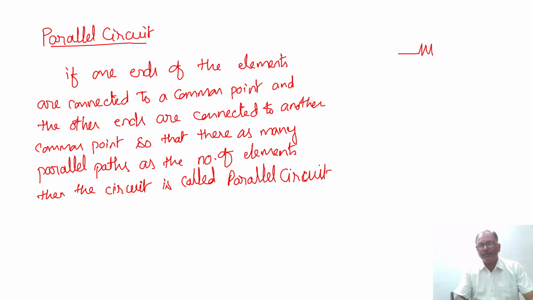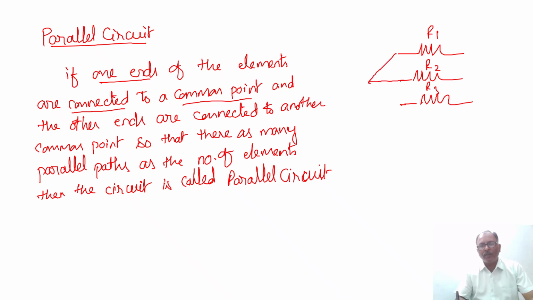Suppose I am taking three resistances. So as we discussed, one ends of the elements are connected to a common point. Let's consider the starting ends of these three resistances R1, R2, R3 are connected to a common point.